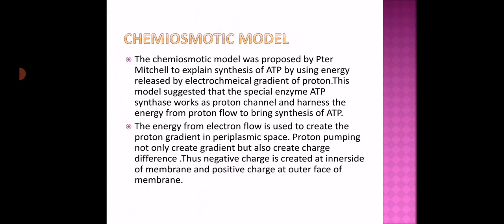Now we are studying the chemiosmotic model, which was proposed by Peter Mitchell, and this model explains how ATP is generated during transportation of electrons. The chemiosmotic model was proposed to explain synthesis of ATP by using energy released by the electrochemical gradient of protons.